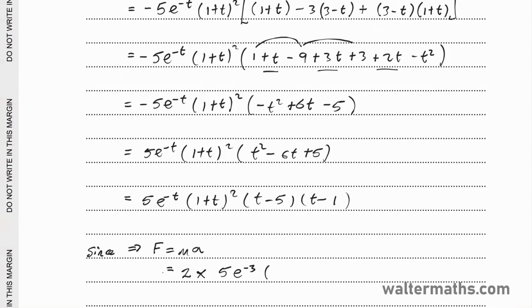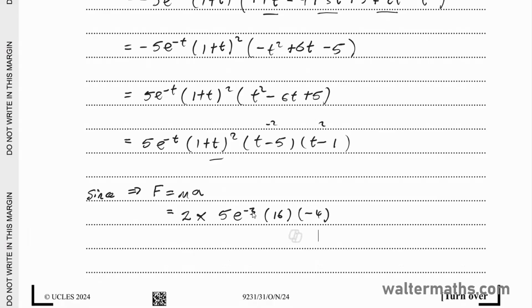1 plus 3 here, which is 4 squared. So that's 16. And here, 3 minus 5 is minus 2. And 3 minus 1, that's 2. So that's of minus 4, basically.